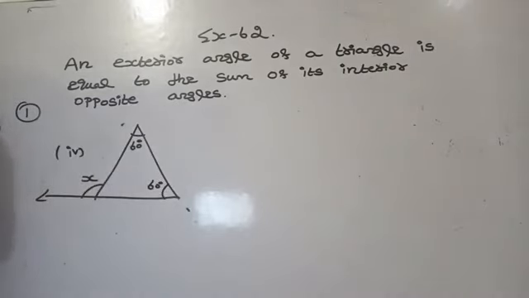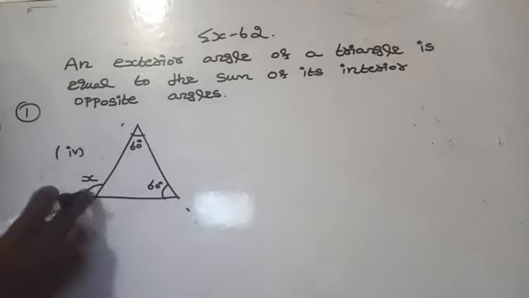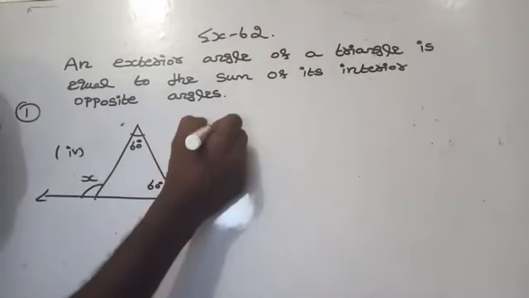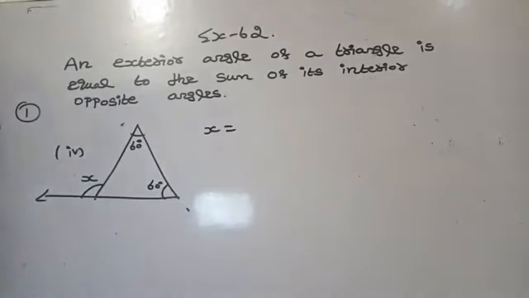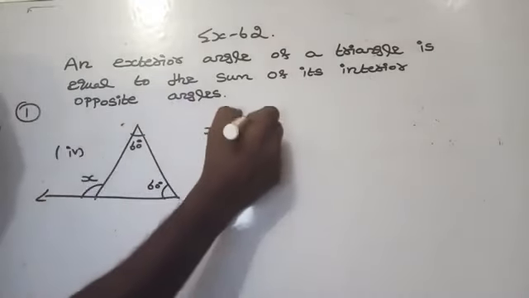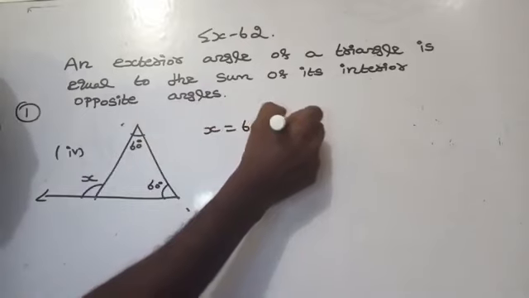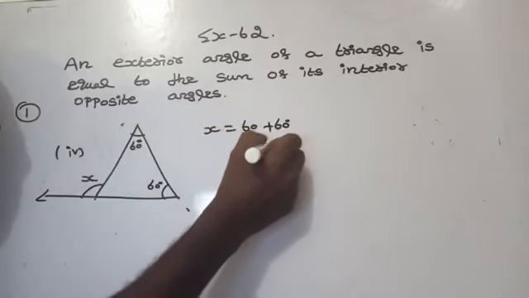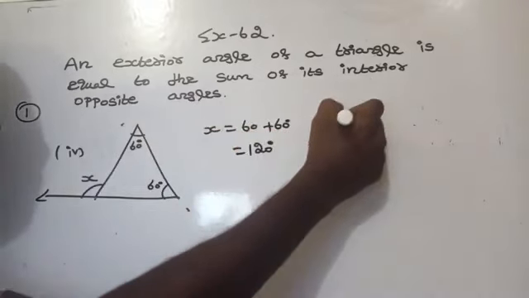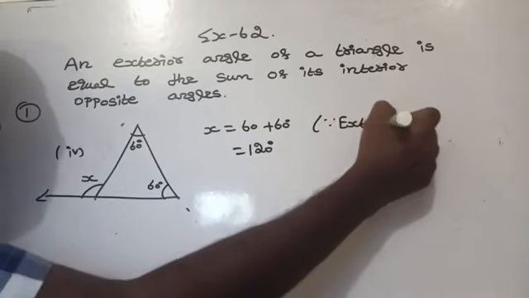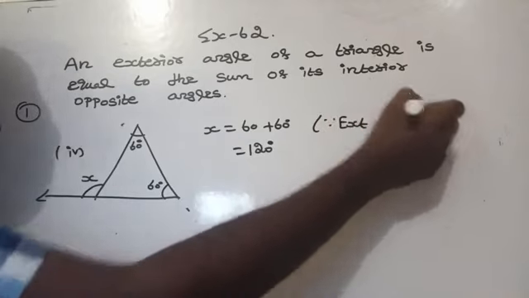Now, what is the exterior angle sum property? An exterior angle of a triangle is equal to the sum of the interior opposite angles. So it is an exterior angle, that is x, which is equal to the sum of the two opposite angles to the interior. What are they? 60 plus 60. 60 plus 60 is how much? 120 degrees, since exterior angle sum property of a triangle.